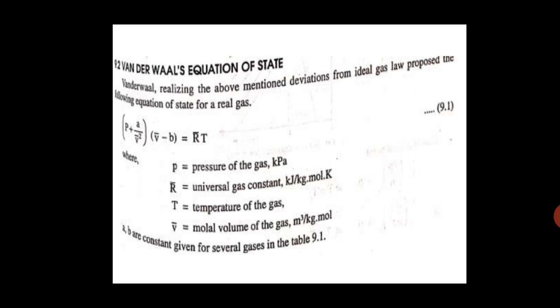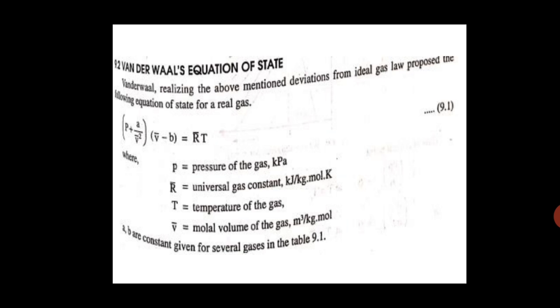P plus a by v bar squared. You see, this is v bar squared, the molar volume of the gas, the molar specific volume, that is volume V divided by n, the number of moles. You get that v bar, small v bar squared. v bar is the molar specific volume of the gas in meter cube per kg mole.